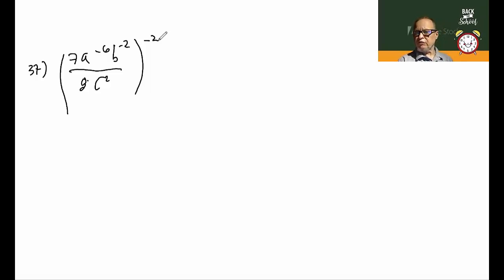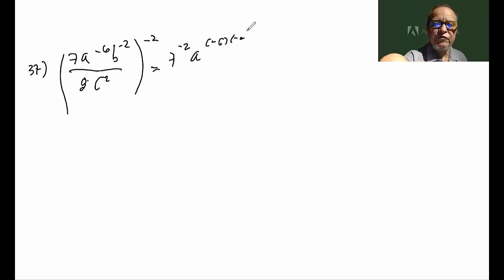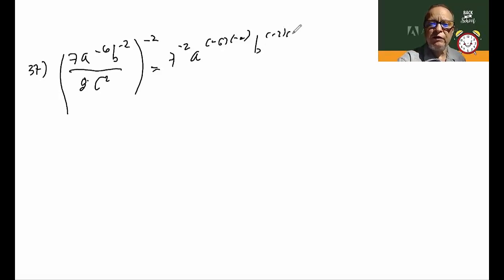Now, of course, there are different ways we can go about this. One way is to multiply in the negative 2 first, and that will give us 7 to the negative 2, a to the negative 6 times negative 2, b to the negative 2 times negative 2, divided by 8 to the negative 2, c to the negative 2 times negative 2.